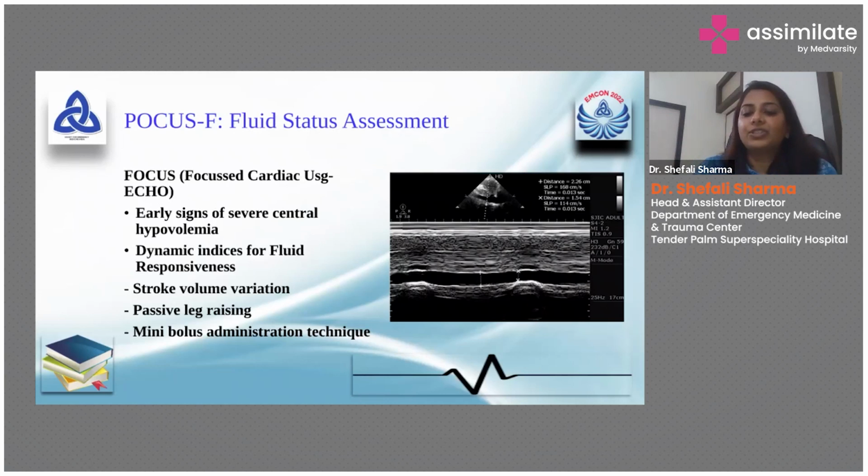If you see in the picture, they are measuring two dimensions. One is when it's completely distended, the walls are completely apart, and the second, the walls are getting approximated. When you measure this, if the walls are coming nearer and the diameter is changing by more than 50%, then it is called more than 50% compressible. The IVC is compressible.